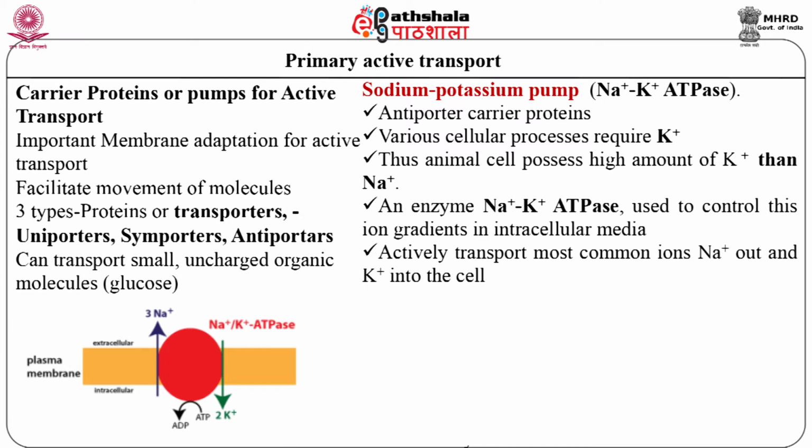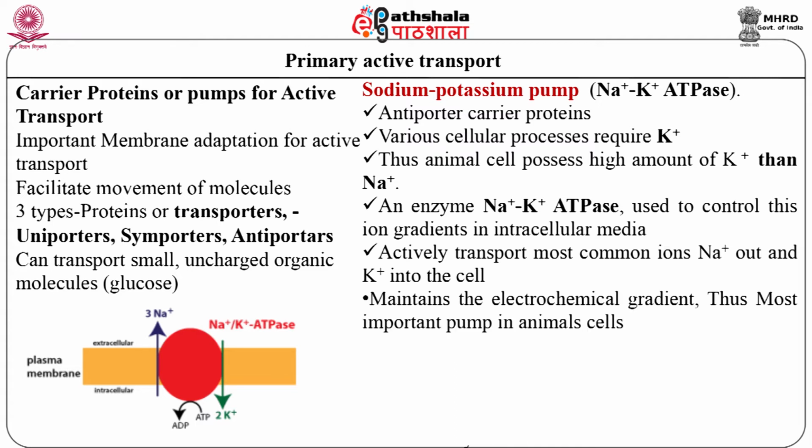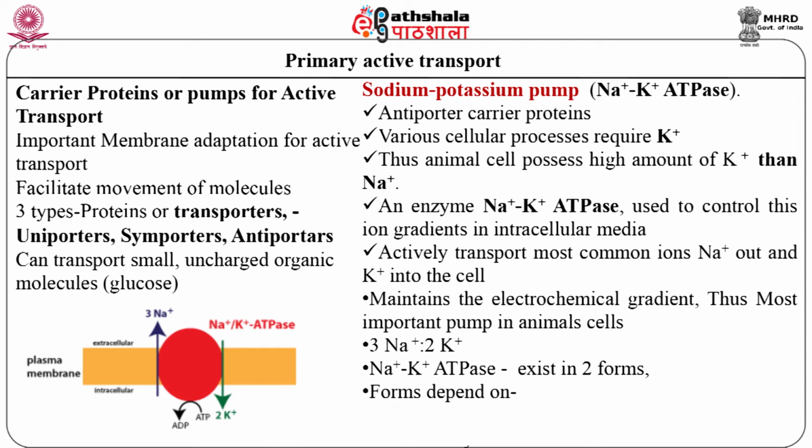They actively transport the most common ions, that is Na+ out and K+ into the cell. They maintain the electrochemical gradient, thus the most important pump in animal cells. It transports 3 Na+ to 2 K+ at a time. Na+ K+ ATPase exists in two forms. These forms depend on orientation and affinity either for Na+ or K+ ions.